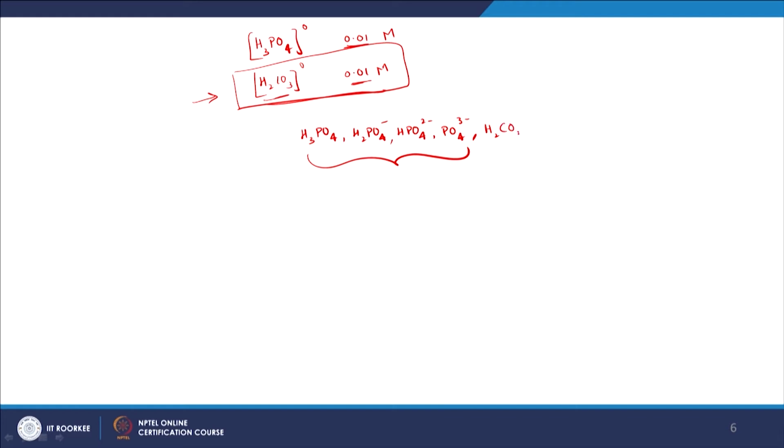And here now we have H2CO3, HCO3 minus and CO3 2 minus, and we are obviously always going to have our H plus and OH minus. So in this case the components that we usually end up choosing are H plus and the most deprotonated forms, CO3 2 minus and PO4 3 minus.